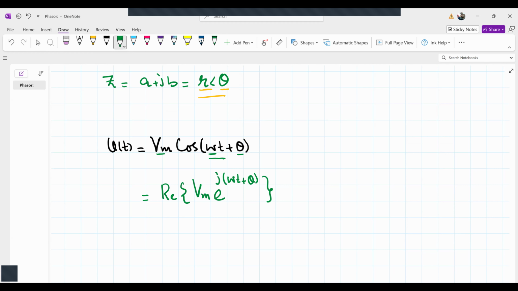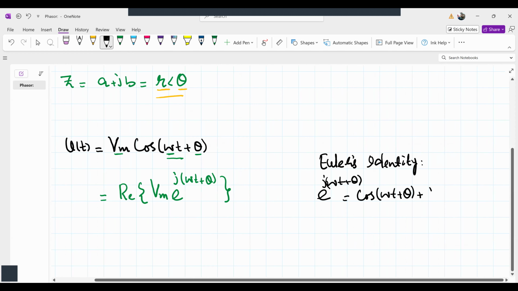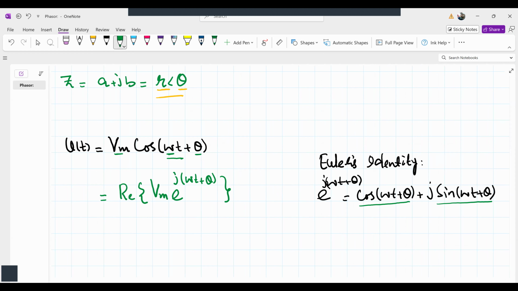We know from Euler's identity, e to the power of j omega t plus theta is given as cos omega t plus theta plus j sine omega t plus theta, where cos omega t plus theta is the real part of this complex sinusoid and sine omega t plus theta is the imaginary part.